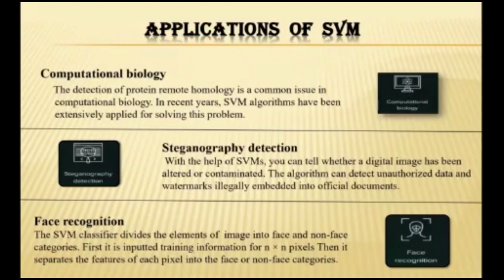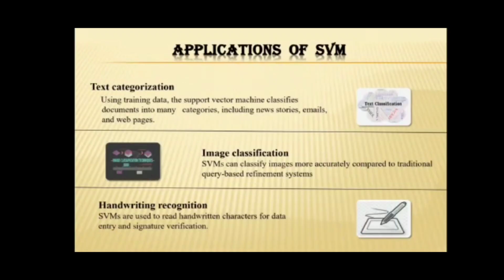Then it separates the features of each pixel into face and non-face categories. And now text categorization. Using training data, the support vector machine classifies documents into many categories, including news, stories, emails, and web pages. And image classification. SVMs can classify images more accurately compared to traditional query-based refinement.